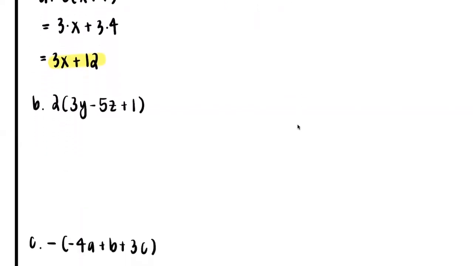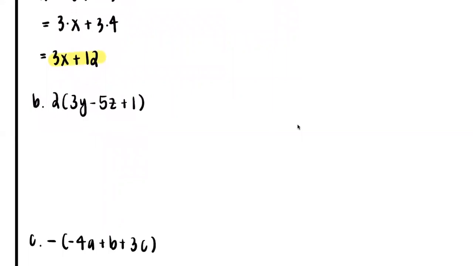Okay, next example. Notice now we have 3 terms inside the parentheses. So the 2 is going to be distributed to all 3 terms. Let me get my arrows. 2 times 3y, 2 times -5z, and 2 times 1. So what does that look like?